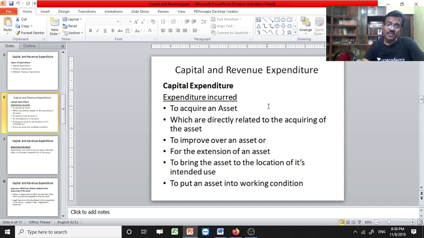Then extension of an asset, where you straight away add to the capacity of the asset. Then to bring the asset to the location of its intended use and to put an asset into working condition. So these are six situations where you come across capital expenditure. You incur capital expenditure, or it will be deemed that you have incurred capital expenditure, when you are spending money in these situations.